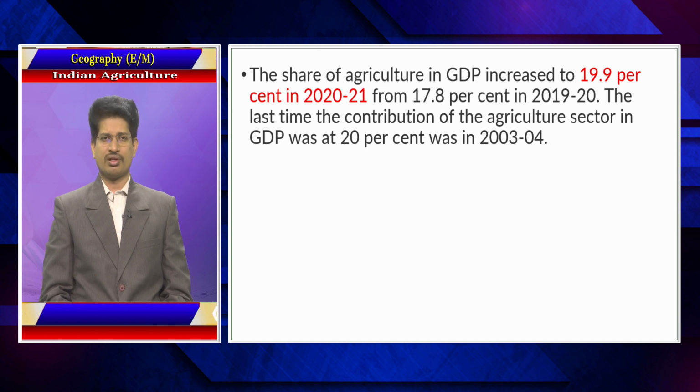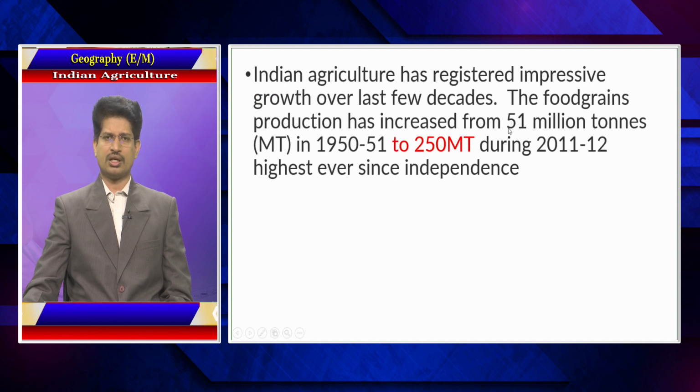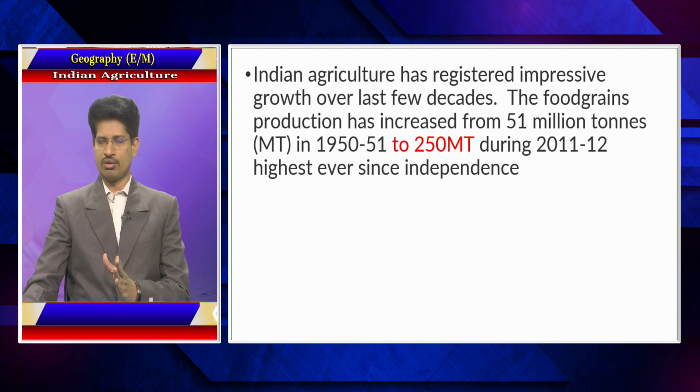In the percentage comparison of the contribution of the agricultural sector to GDP with the secondary and tertiary sectors, it might be less. But in terms of the total volume of production, from 51 million tons to 280 million tons, it has increased. The relative percentage might be low, but overall production of agriculture has increased.